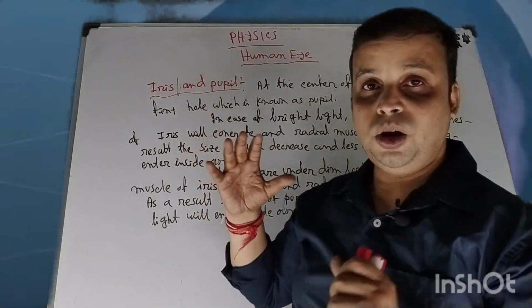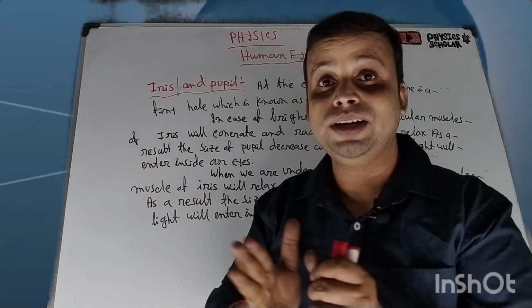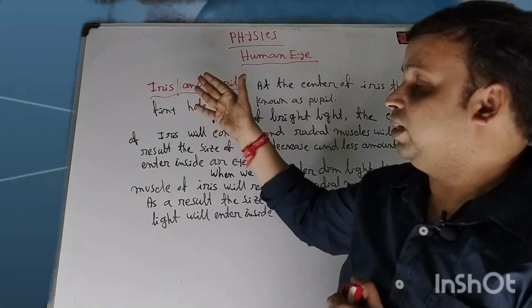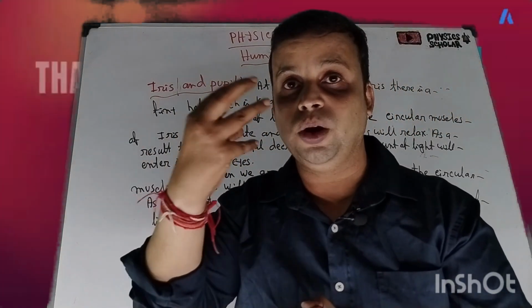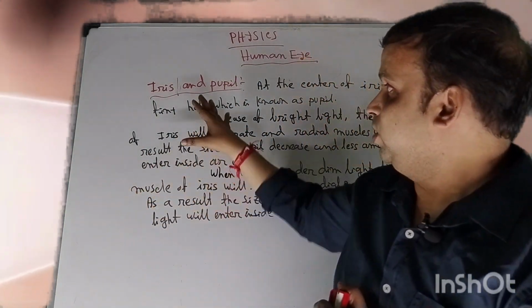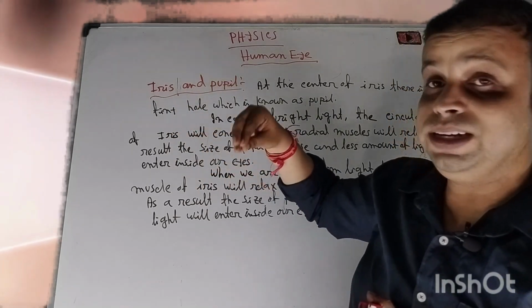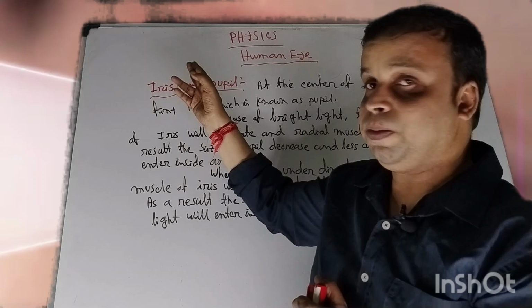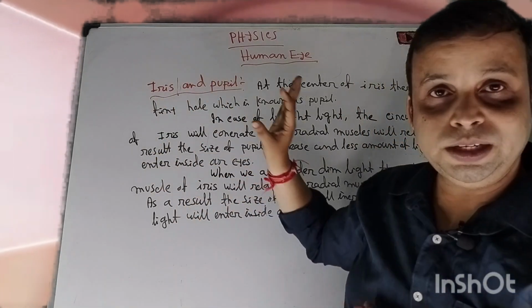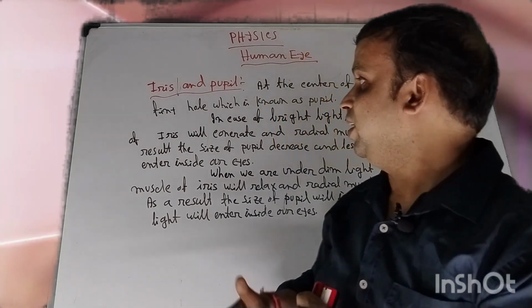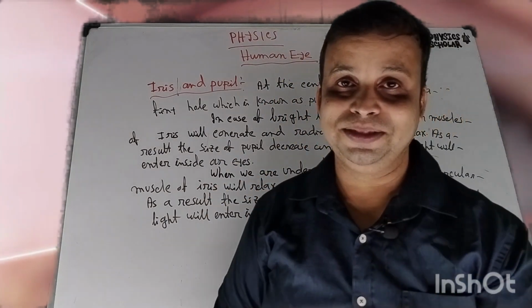Automatically our pupil size readjusts on the basis of the light falling on our eyes. So I hope up to the iris and pupil, how the size of the pupil increases or decreases, and what the function of the iris and pupil is, you have understood very nicely. Now let us move to the next part.